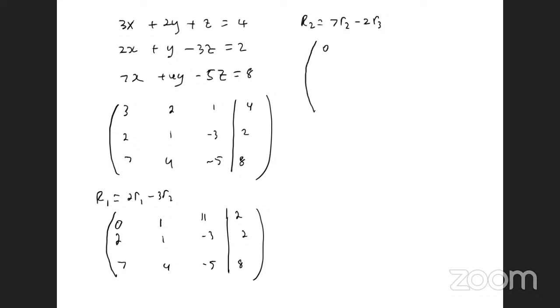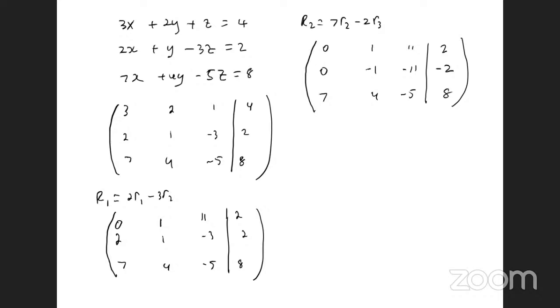So 0, 1, 11, 2, 7, 4, minus 5, 8. 7 by 2 is 14, minus 14 is 0. 7 by 1 is 7, minus 8 is minus 1. 7 by 3 is minus 21 plus 10 is minus 11, and the last is minus 2.